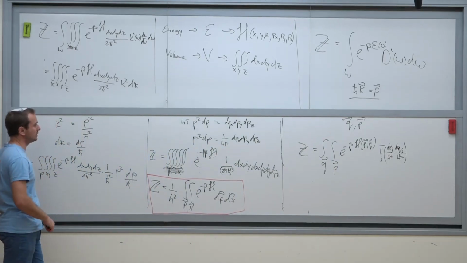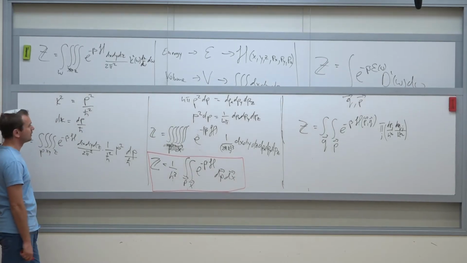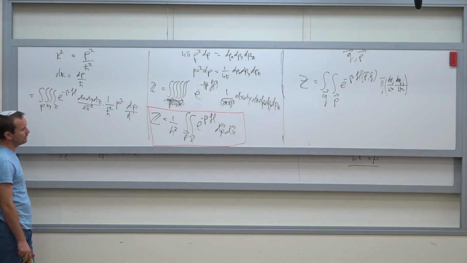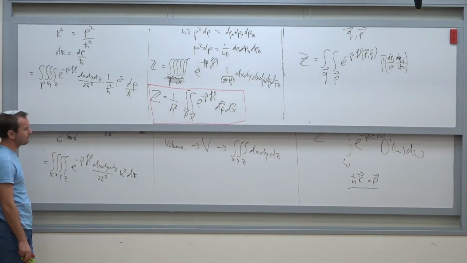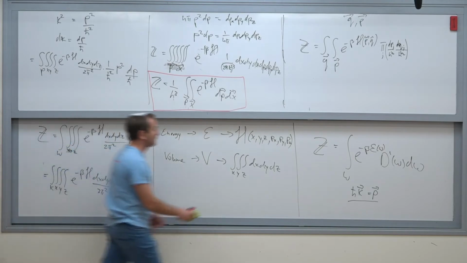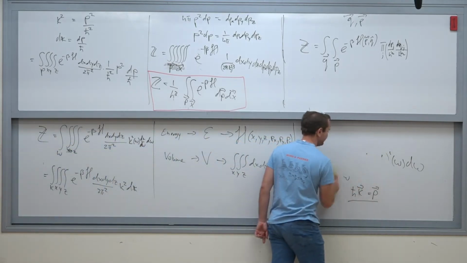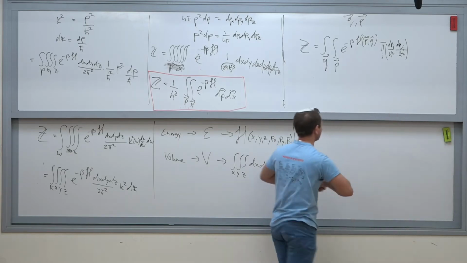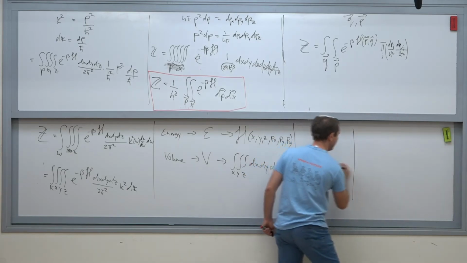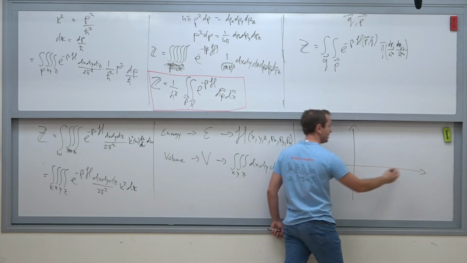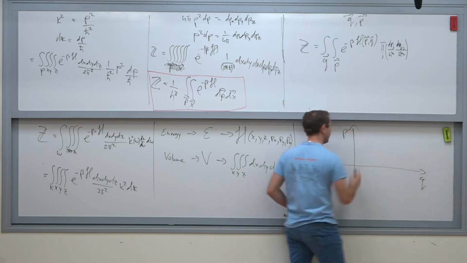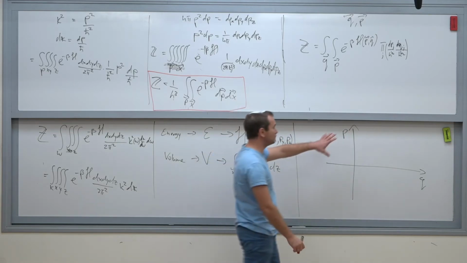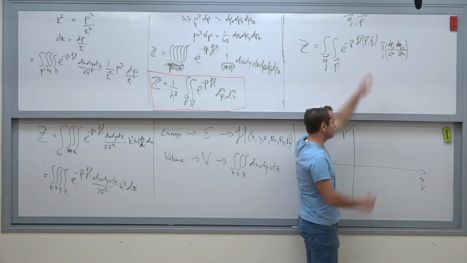Okay, let's try and plot it. So in this phase space, let's look at Q and P. I'm going over all different P's and Q's that are associated with this form factor, okay?